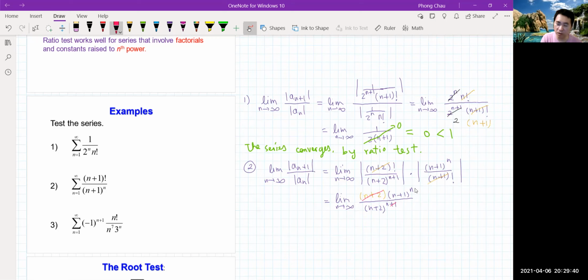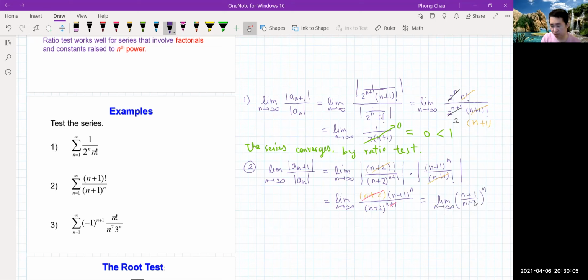The numerator and denominator actually both have n powers, by the way. So thinking of this, if I combine, it's really the limit of ((n+1)/(n+2))^n as n approaches infinity.